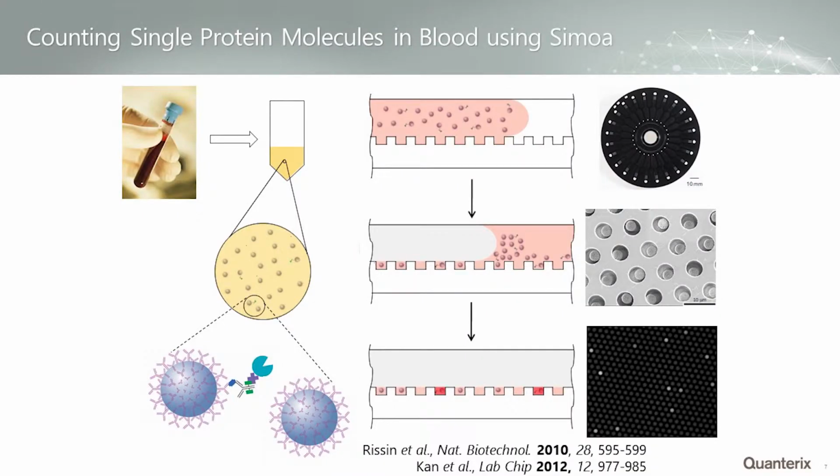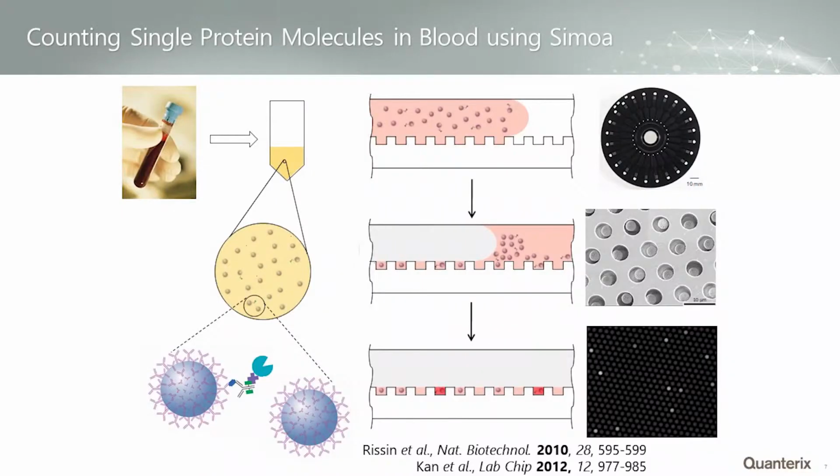Things haven't really changed very much on the bead side. The way that we do this is we have a sample, and our favorite sample is blood, serum and plasma, but pretty much anything where you can get your molecules into a liquid that's particulate-free works very well with Simoa. And these beads are really efficient at going and grabbing all those proteins.